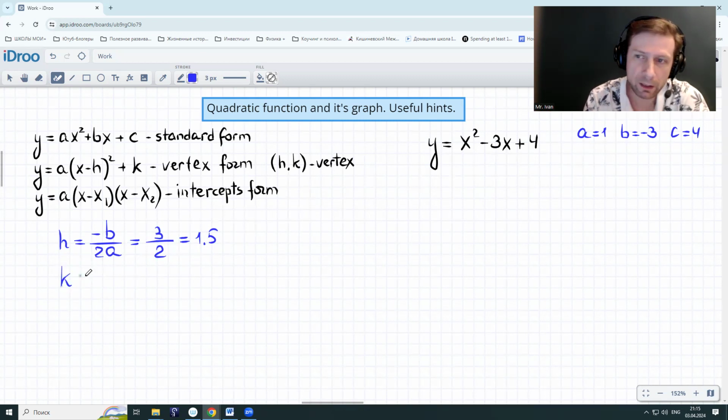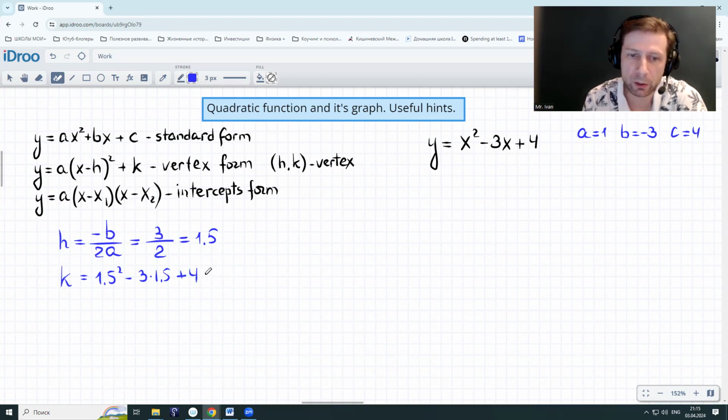If I substitute this into the equation, I get k, which is the y-coordinate of the vertex: k equals 1.5 squared minus 3 times 1.5 plus 4. Well, 1.5 squared is 2.25. I really recommend memorizing some of the squares, okay? Minus 4.5 and plus 4.